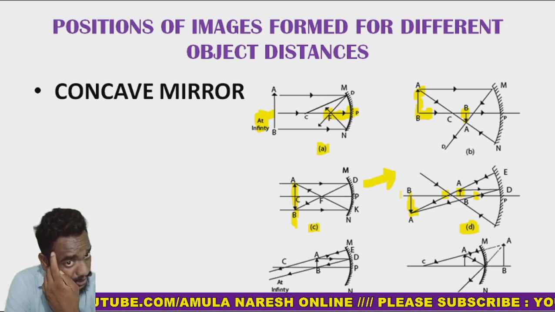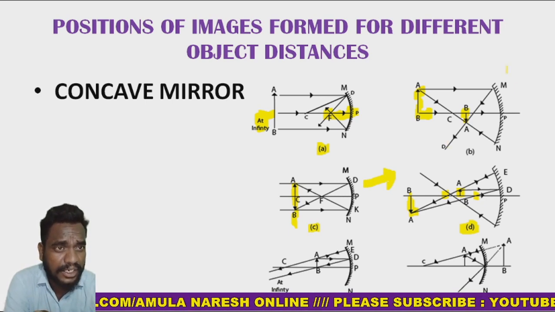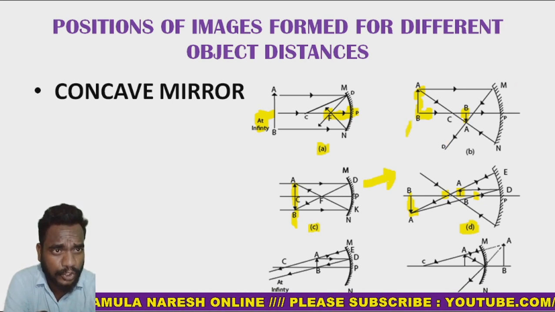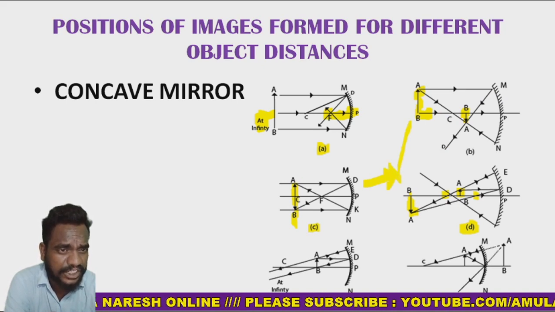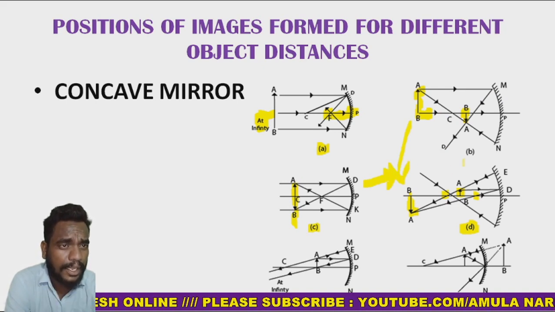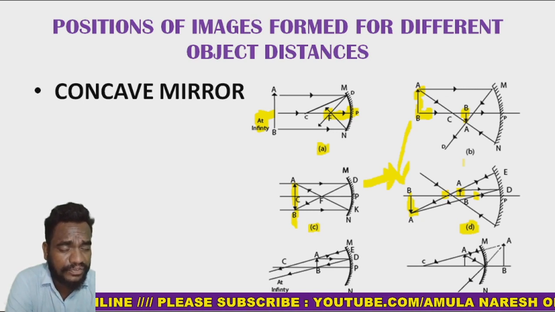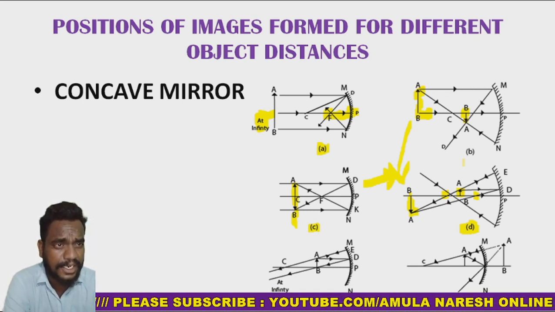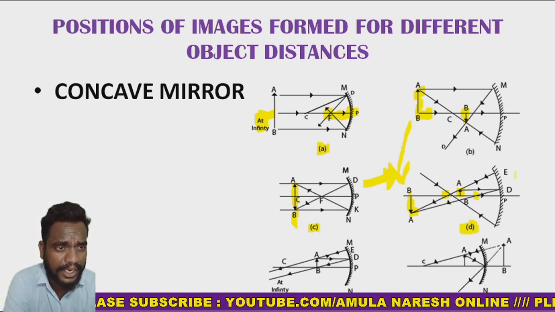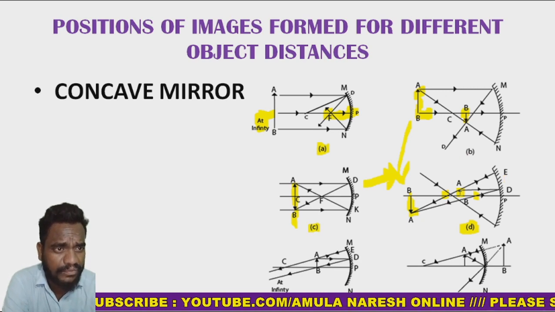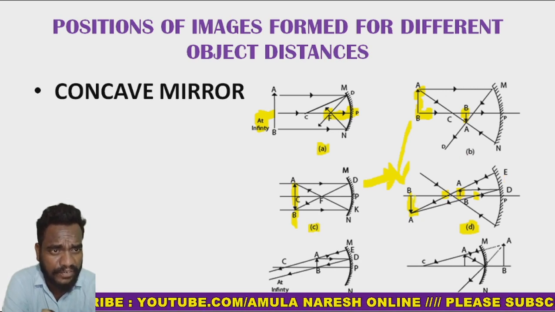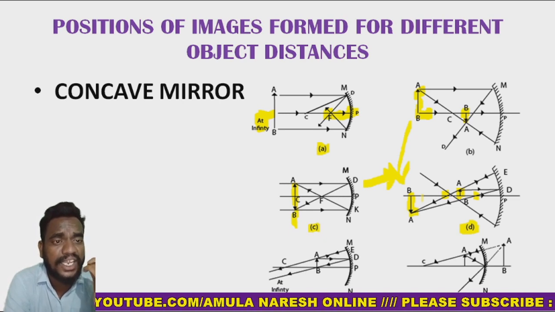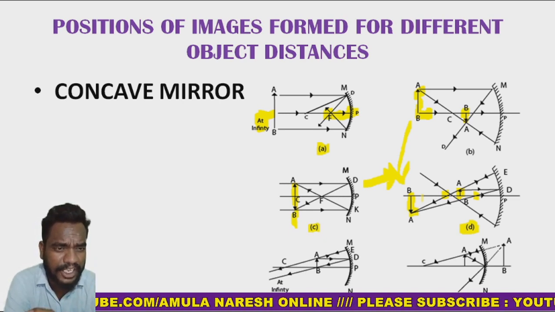If the object is at the center of curvature, the image is formed at the center of curvature. If the object is beyond the center of curvature, the image is between the pole and the focal point. If the object is between the pole and the focal point, the image is beyond the center of curvature. The nature of the image is real, inverted and enlarged.